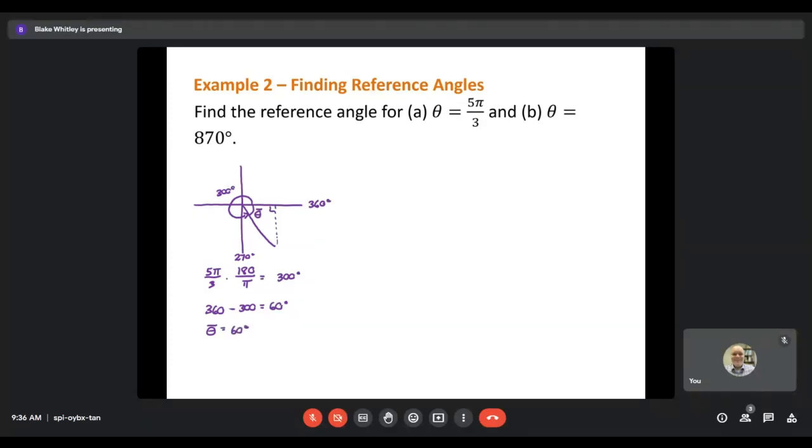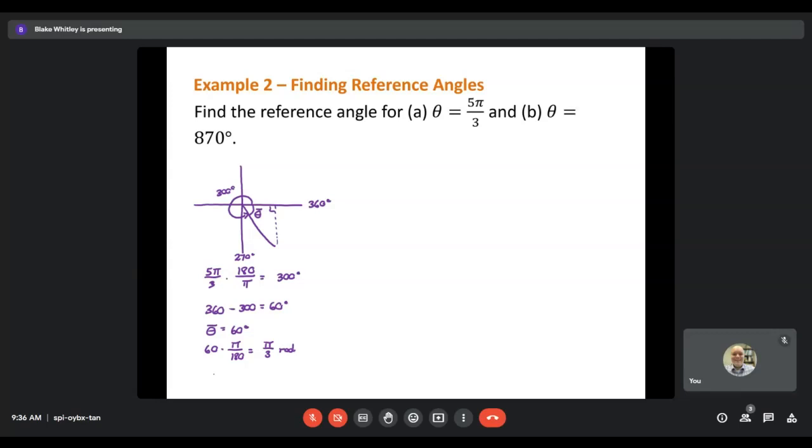Now, because we were given radians to begin with, I probably want to go back into radians for this one. So I'm going to take the 60 degrees now, and I'm going to convert it back. So remember, to convert back, we're just going to multiply by pi over 180. So 60 over 180 gives us 1/3. So this gives us pi over 3 radians.